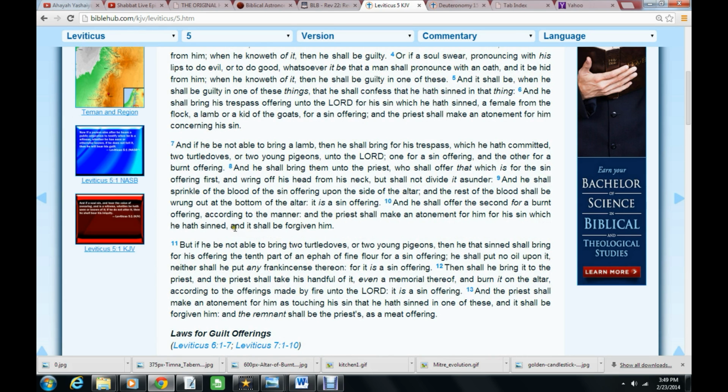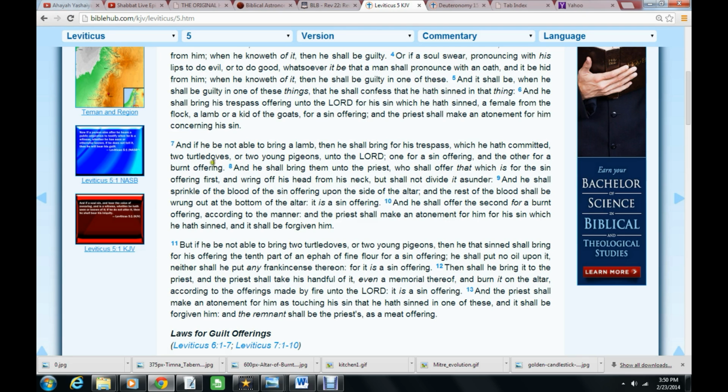And if he be not able to bring a lamb, then he shall bring for his trespasses which he had committed 2 turtle doves, or 2 young pigeons, unto the Most High, one for a sin offering, and the other for a burnt offering. And he shall bring them unto the priest, who shall offer that which is for the sin offering first, and wring off his head from his neck, but shall not divide it asunder.